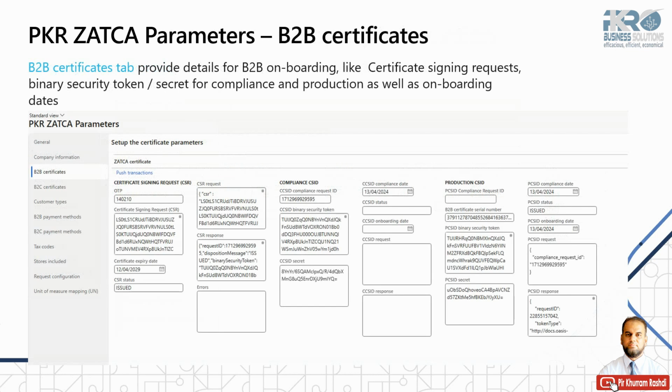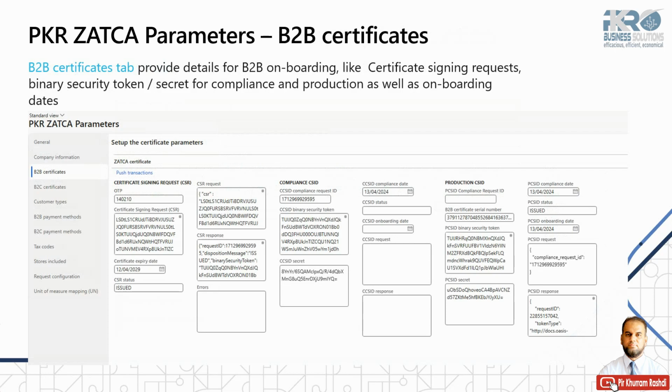Next is the B2B certificate tab. In the B2B certificate tab, there is different information, as a sample we have filled in, related to the certificates involved from compliance. As I mentioned initially, compliance is where ZATCA checks whether your solution fulfils the needs, like debit notes, credit notes, and invoices needing to be submitted at least once, so that they will issue the production certificate at the end.